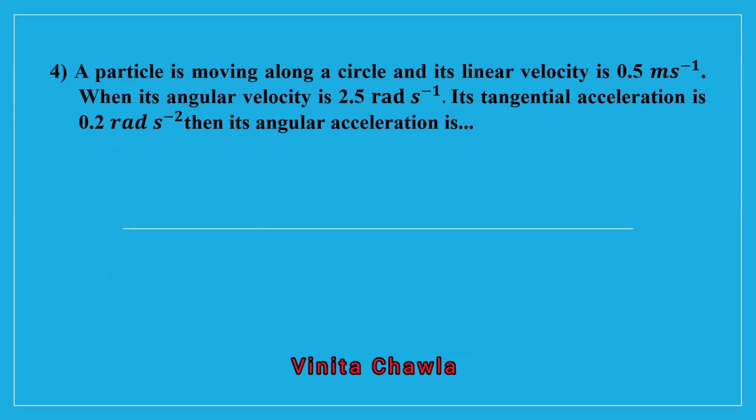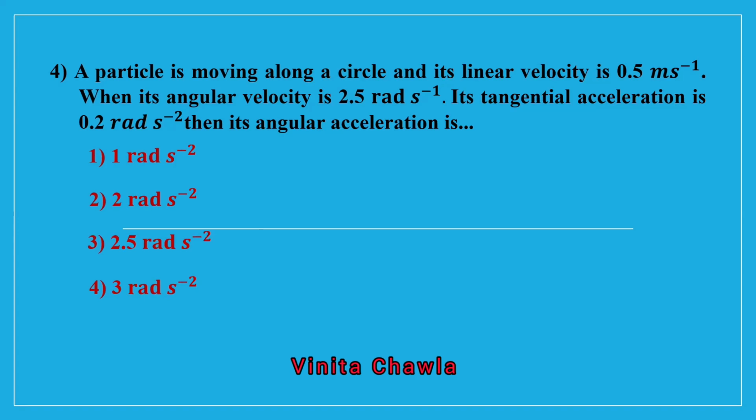Then its angular acceleration is. Your options are 1 radian per second square because it is angular acceleration, right? 2 radian per second square, 2.5 radian per second square, 3 radian per second square.